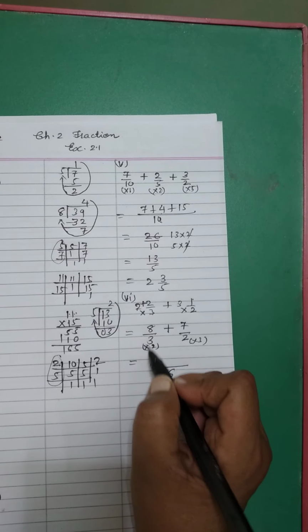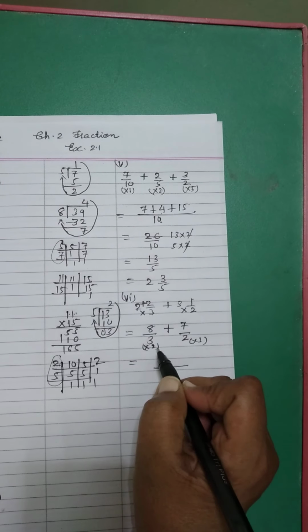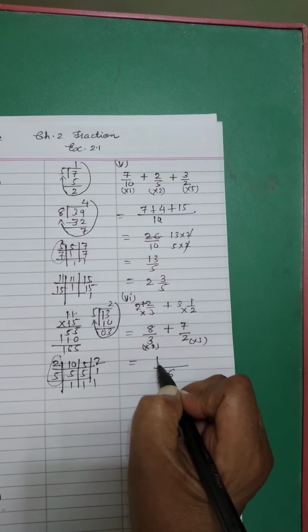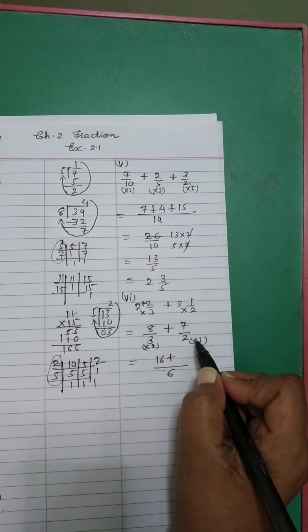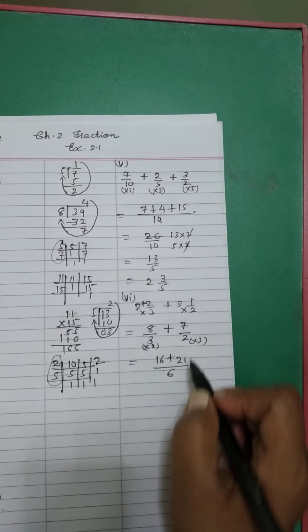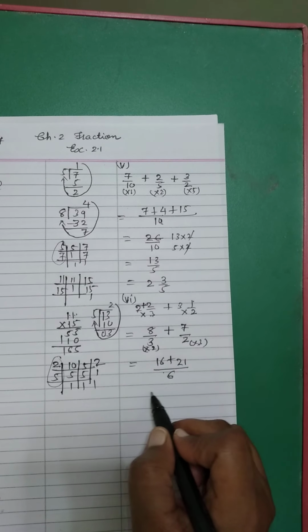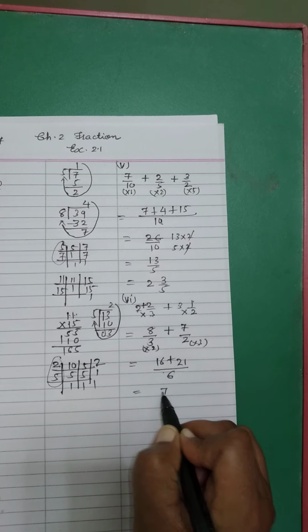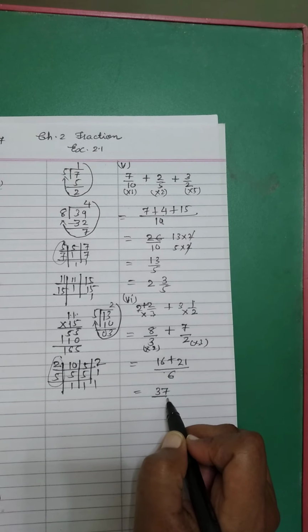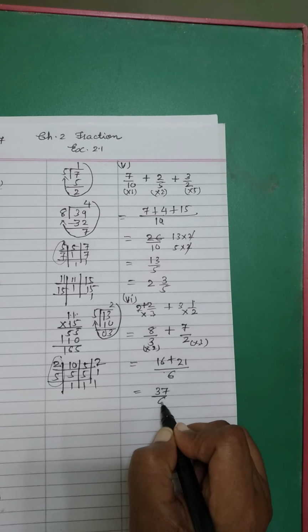Multiply numerator and denominator. Denominator divide, multiply. 3 twos are 6 already written. 8 twos are 16. Now plus as it is. Now 7 threes are 21. 3 twos are 6. Now 16 plus 21: 6 plus 1, 7; 2 plus 1, 3. 37 upon 6.